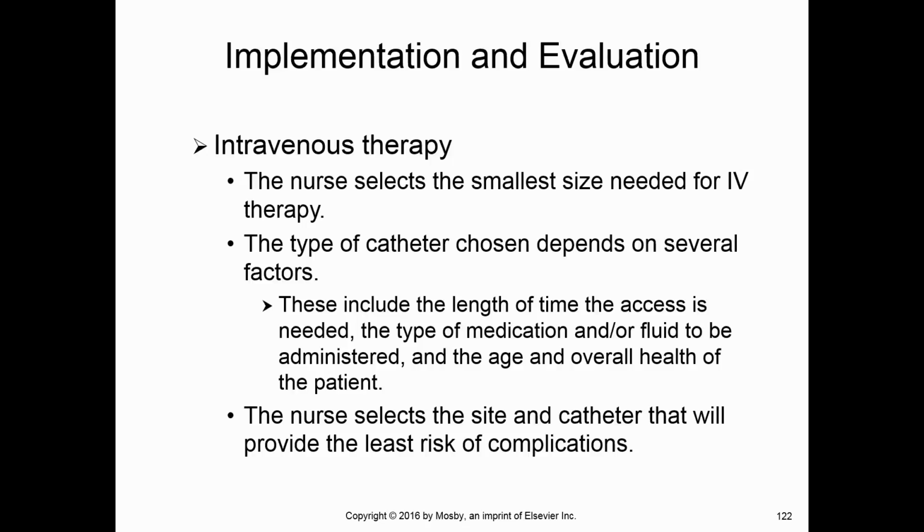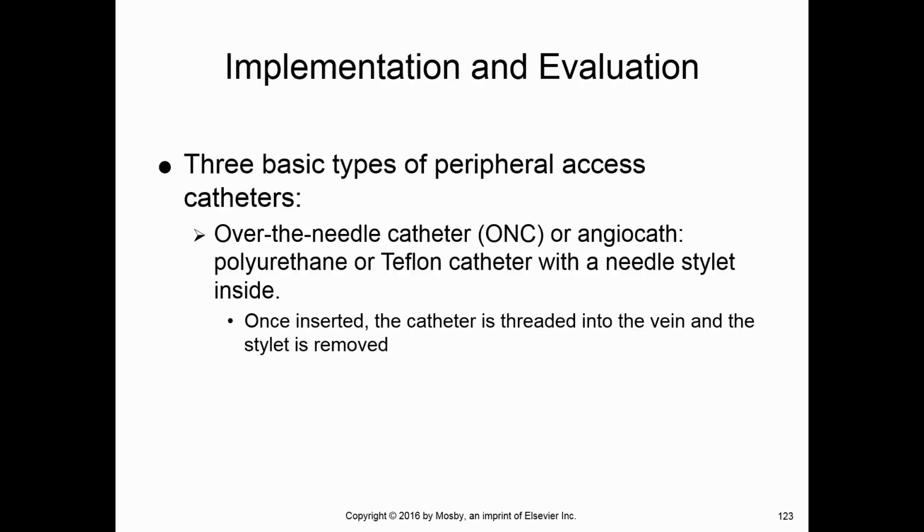So we select our site, and then peripheral IVs. The little IVs that we put in the arms are over-the-needle catheters, or angiocaths.